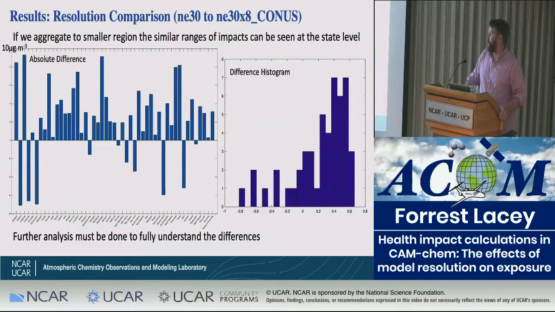So we would expect the regional refined to predict higher for anything that's over a population center, whereas with the coarse model you get mixing over a really large area. So that would be anything like a local urban impact, whereas we would expect it to go the other way with distributed emissions, like biomass burning. So that's why it's going to be a source-specific answer, and I just haven't done that analysis yet. So I could see it going either way.